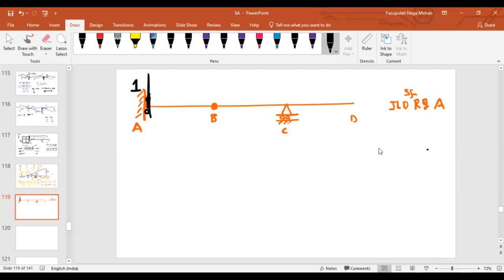If I simply move it, rotation will be 0 at point A. That's why this will be horizontal again. As you guys might have seen, this is the diagram that you will get. This is the ILD for shear force to the right of A. Does anybody have confusion in this diagram? I think everybody might have got it.